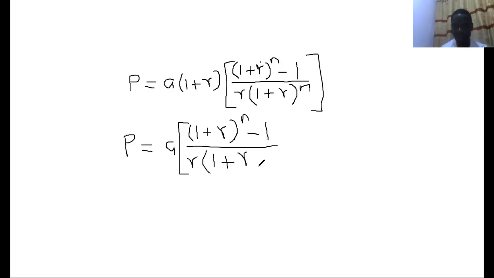Okay, so raised to N. And you should take note that this formula can also be written like this. It's the same as this formula.